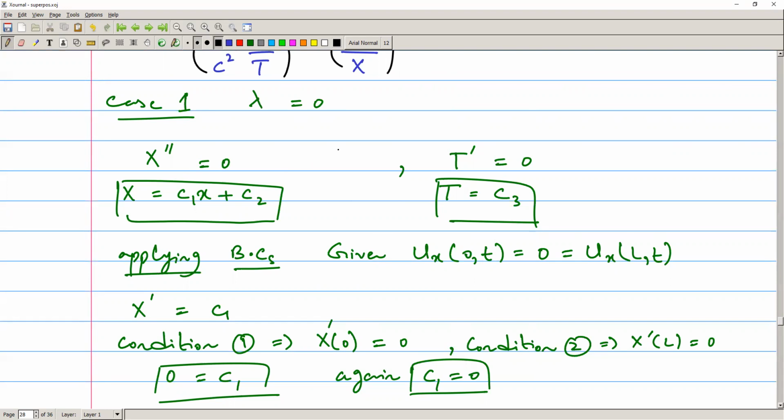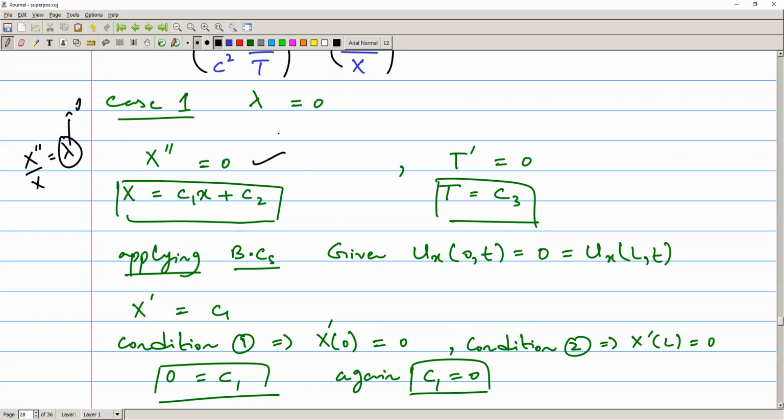First of all, we will discuss the case when lambda is equal to 0. When lambda is 0, X double prime will be equal to 0, because the original equation is X double prime over X equals lambda. So we are left with X double prime equals 0.